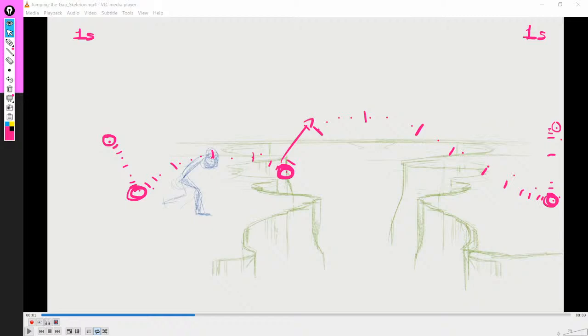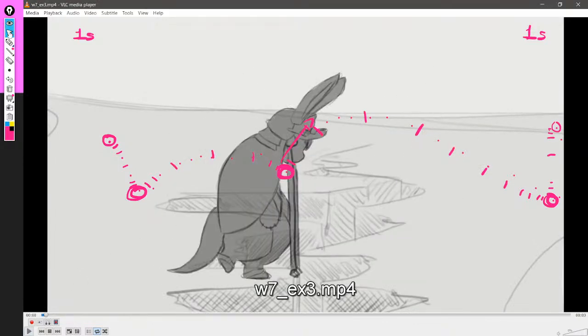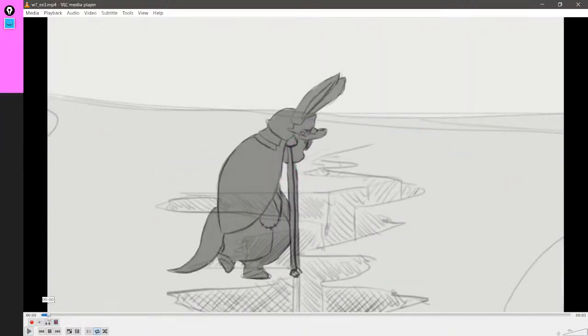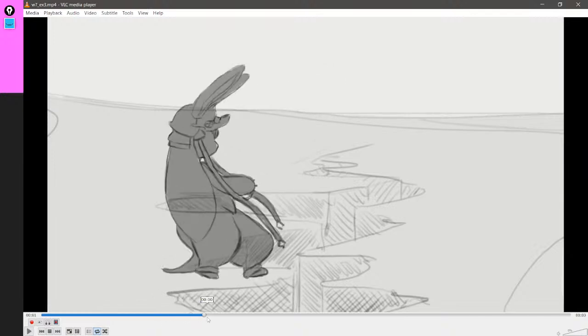Let me bring this one back. Okay, let's bring this to a close. So this is a keyframe. Are you gonna move? Yeah, because obviously there's a little time. And then it goes out, and this is also a keyframe. And the frame itself holds, it's the same drawing.